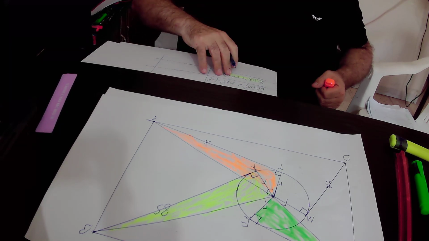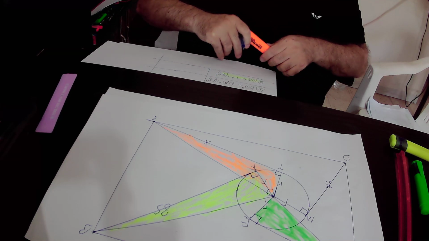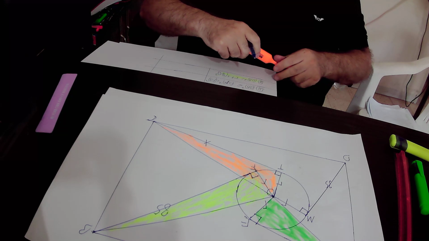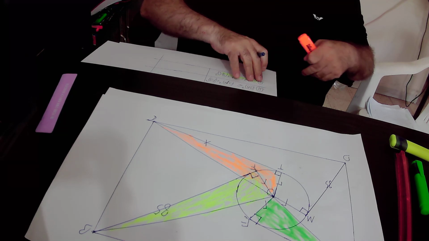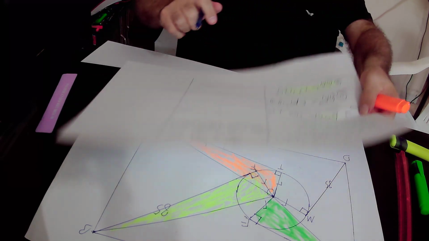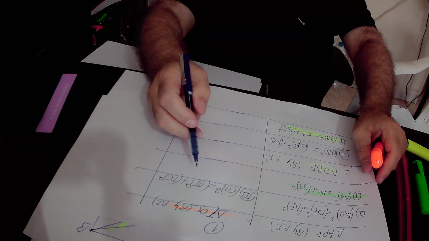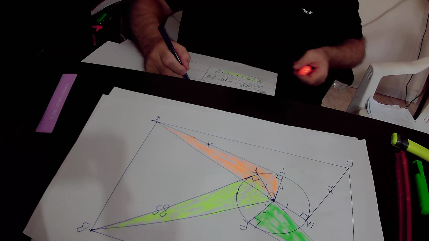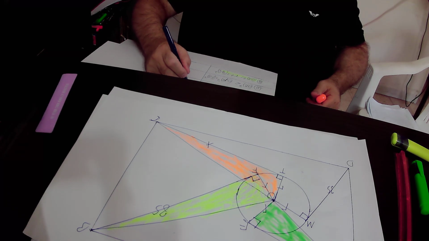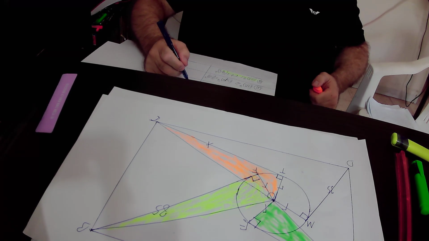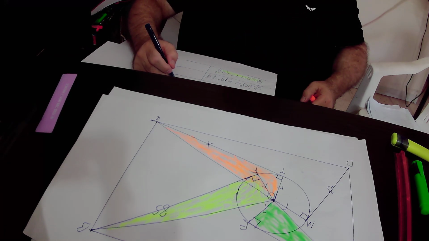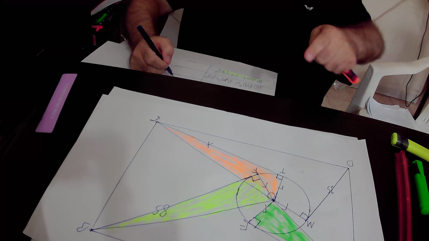Repeat again, according to the Pythagoras theorem, in the right orange triangle TOC, CO square equals OT square plus TC square. So CO square equals OT square.